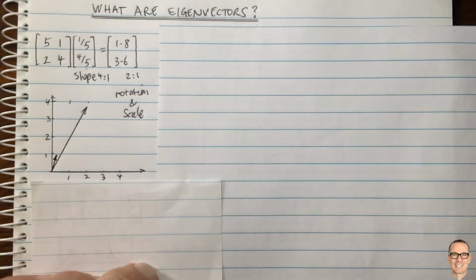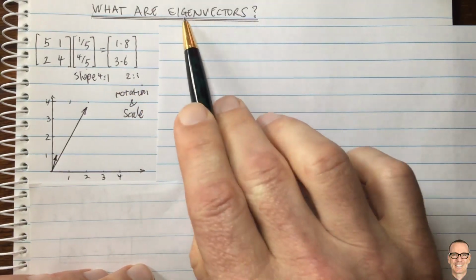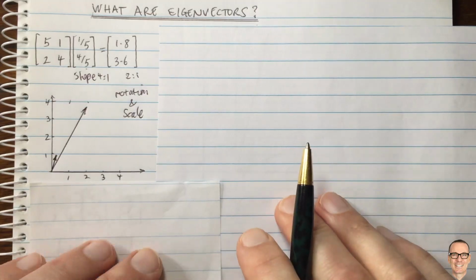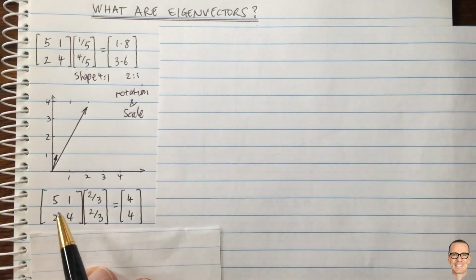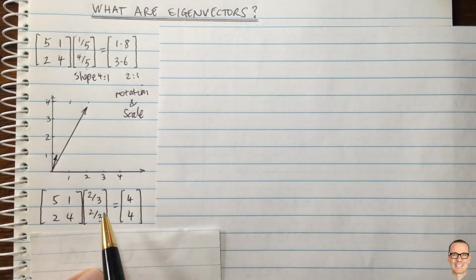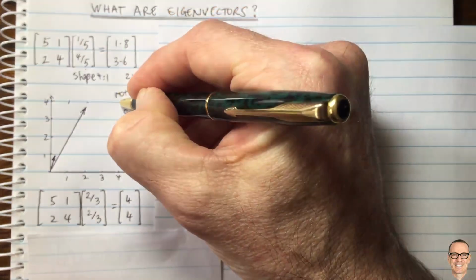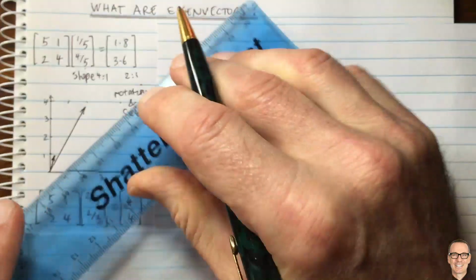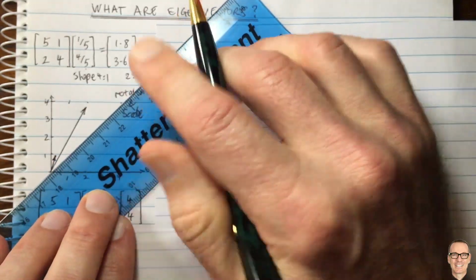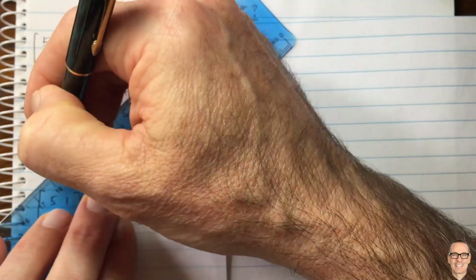Now let's look at another example and try to get to an idea of what these eigenvectors are. Here's another example. It's the same matrix doing the same transform, but now we've got a different input vector. This is 2/3, 2/3. And the output now is 4, 4. So in this case, the output vector is this vector here, and the input vector is in the same direction.